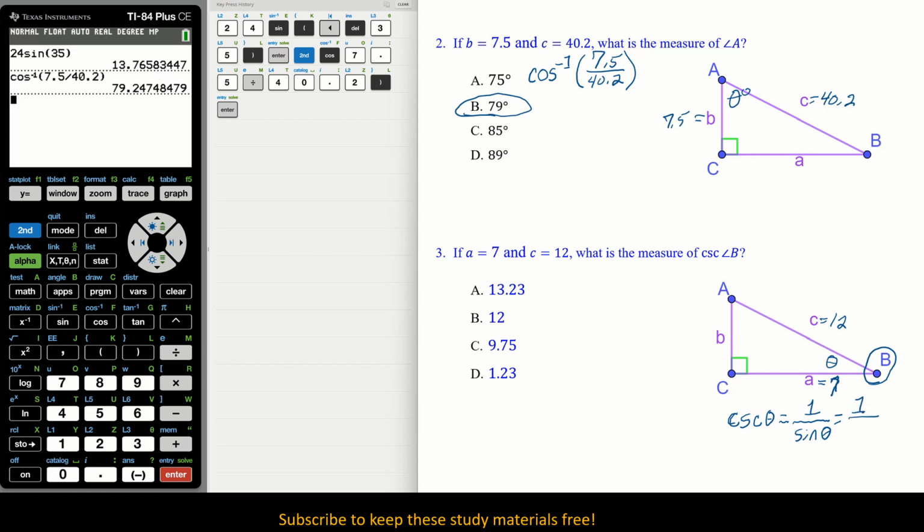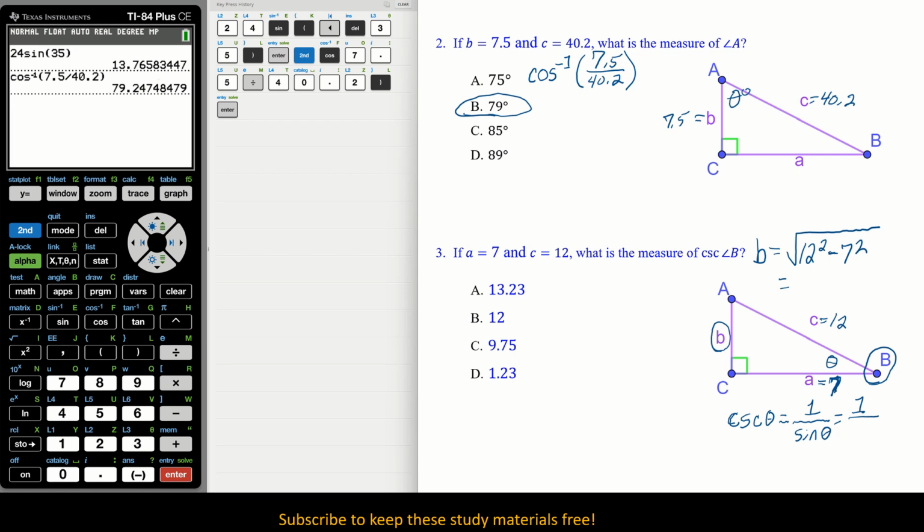Well, we don't have, that's the glitch. We don't have this opposite b value. We need that. Well, how do we get that? Well, we use our calculator. To get b, the length of b, under the square root, we say hypotenuse squared minus whichever leg we have, which is the 7 squared.